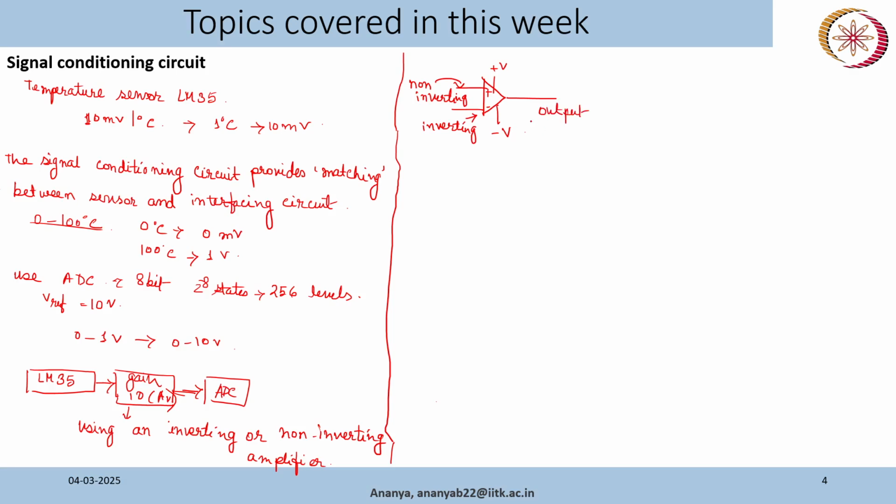The IC for op-amp is IC 741. So you have used this in your lab classes. If this is your IC and this is pin 1, it's an 8 pin IC. 1, 2, 3, 4.